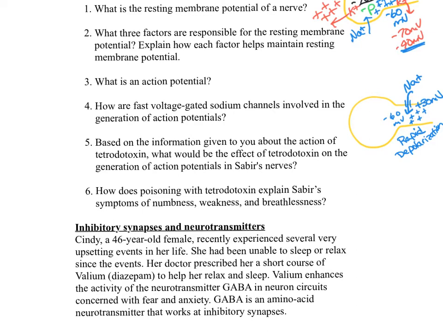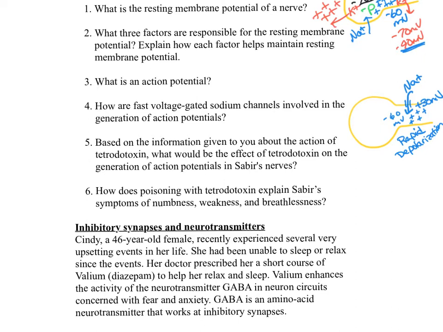So the next question is, based on the information given to you about the action of tetrodotoxin, what would be the effect of tetrodotoxin on the generation of action potentials in Sabir's nerves? Now, we were told that tetrodotoxin blocks the fast voltage-gated sodium channels in the nerves and cell membranes.